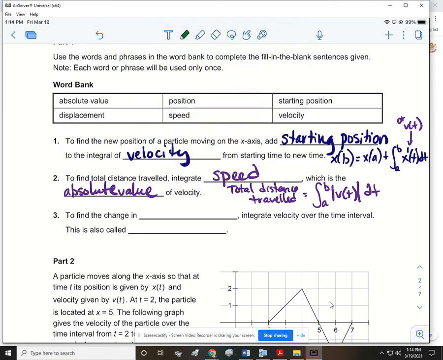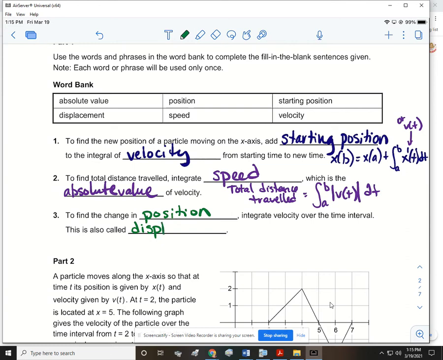All right. And then to find the change in position, you're going to integrate the velocity over the time interval. And this is also called displacement. So this is different. It's not the total distance traveled.